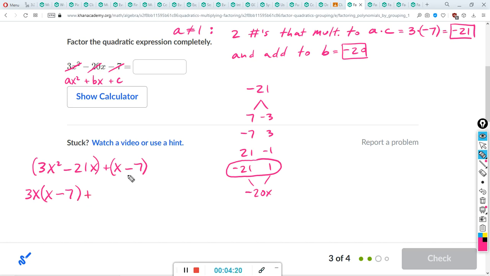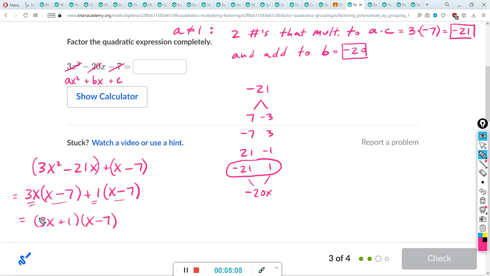Now, x minus 7, there's nothing in common between them. There's nothing you can factor out. So we can just make it 1 times x minus 7. Now you see these two parts in parentheses match. 3x is multiplied times x minus 7, and 1 is multiplied times x minus 7. So factoring this, it's going to be 3x plus 1 in parentheses, times x minus 7.